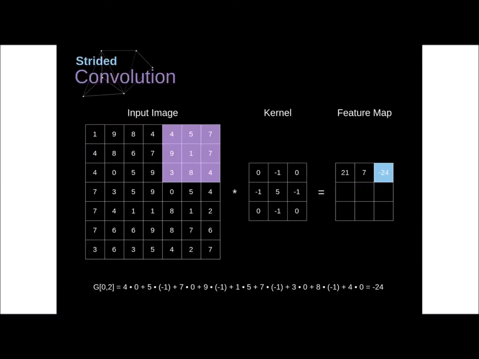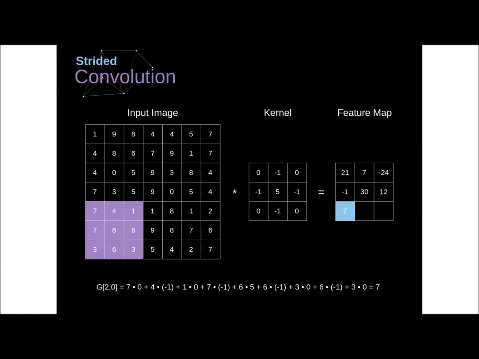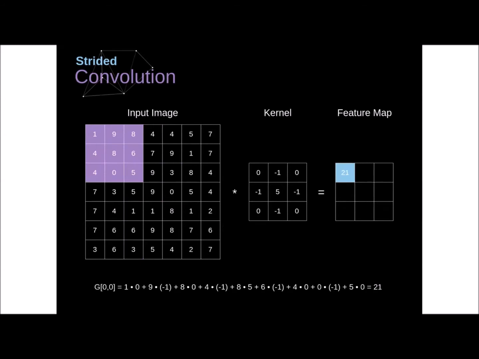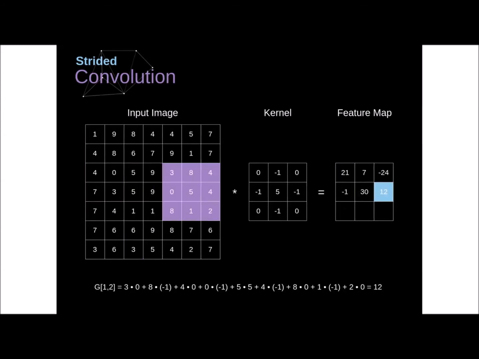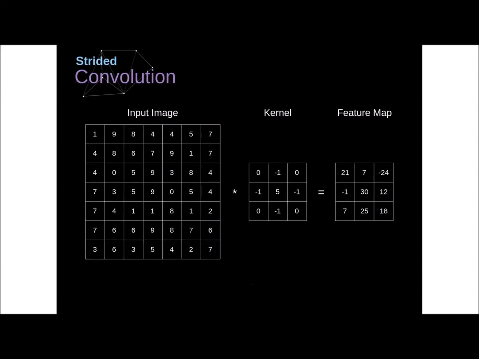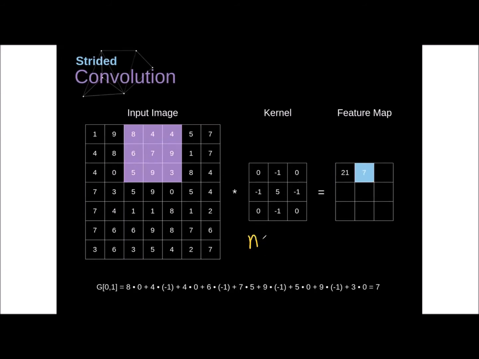You can observe here how the strided convolution is happening with stride 2. We have taken an input image of 7 by 7 and applied a 3 by 3 kernel. Because we are using stride 2, we apply the formula (n plus 2p minus f) by s plus 1.